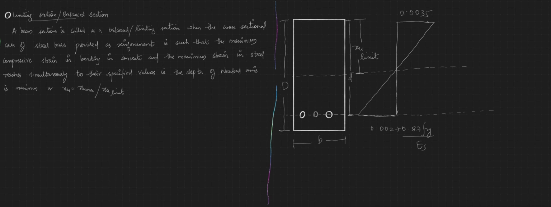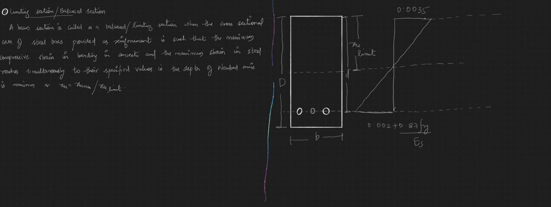Now if I draw this stress diagram, I will get it like this. The stress diagram will be a straight line, then it will be parabolic.